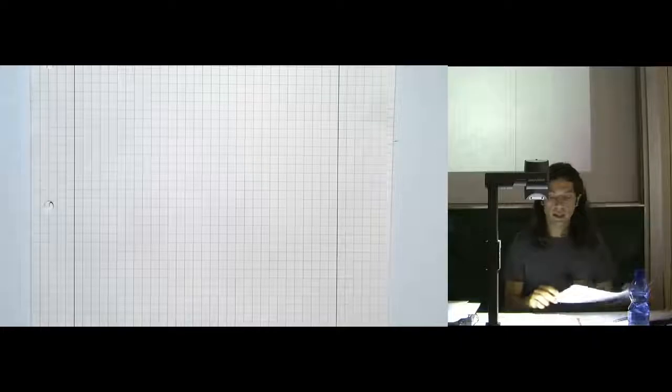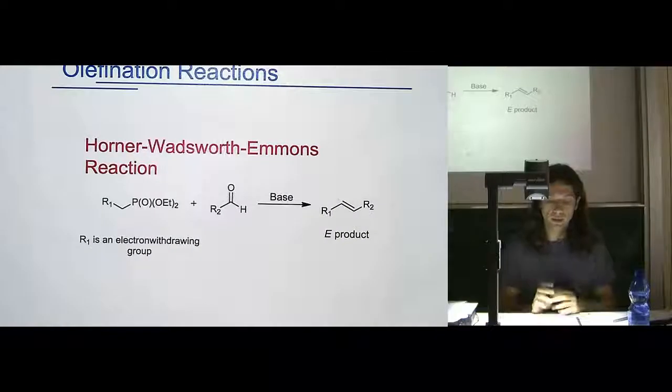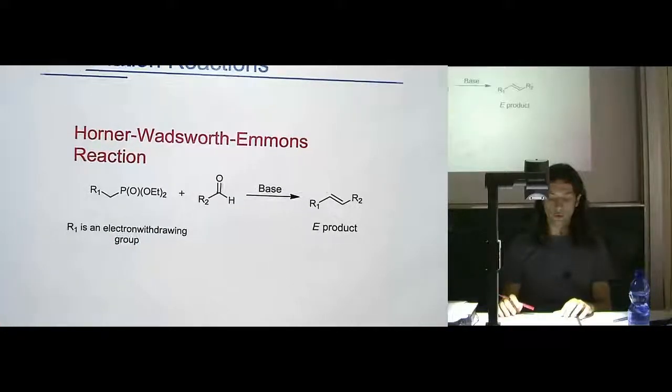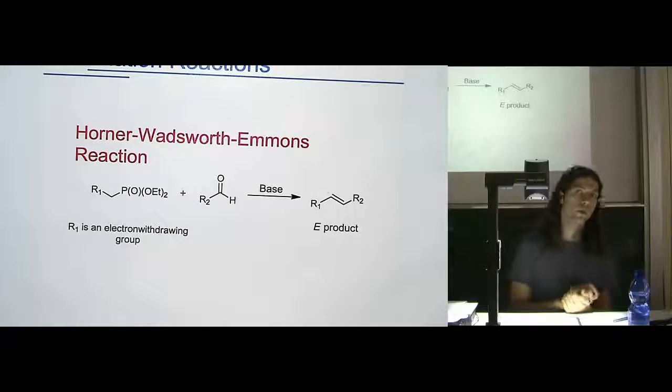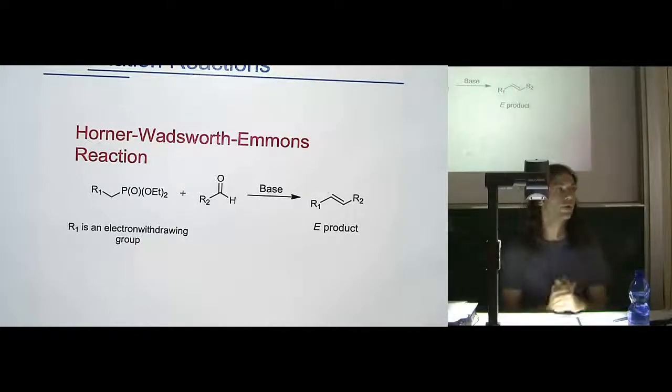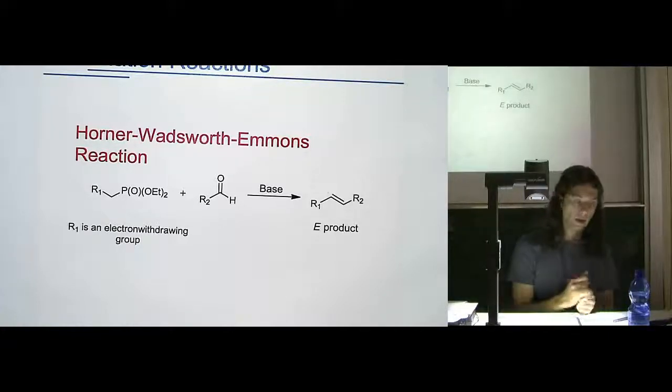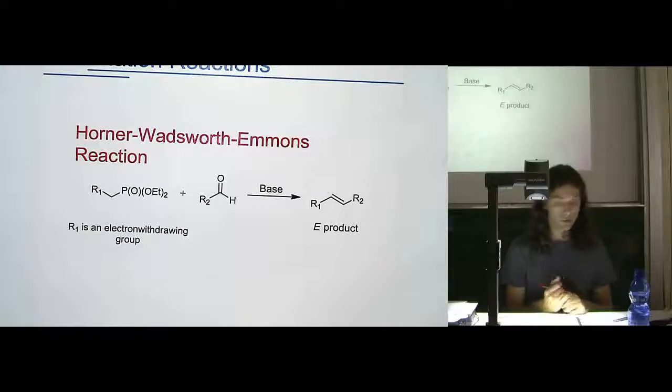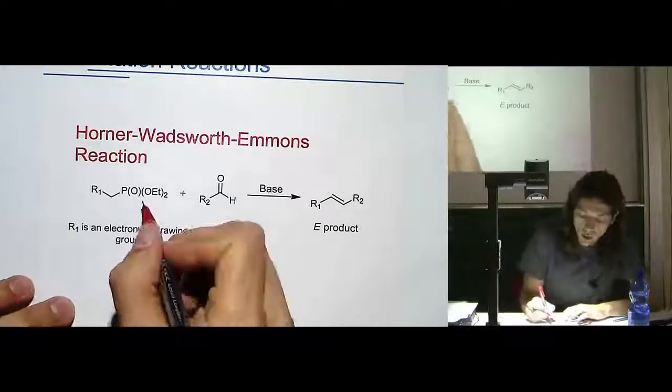The next olefination reaction we're going to see is the Horner-Wadsworth-Emmons reaction. This reaction was used for the synthesis of the phosphorus derivative that I have shown you before in my presentation. And instead of using a halide, what is now employed is a phosphonate.